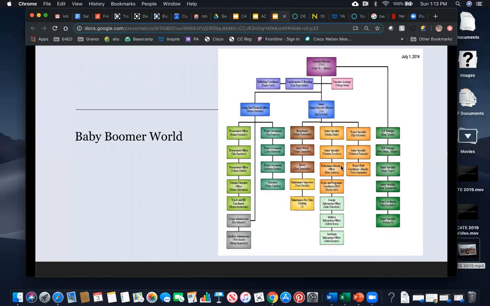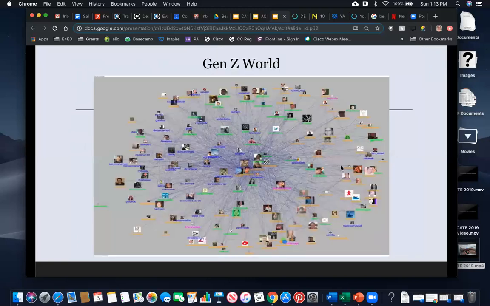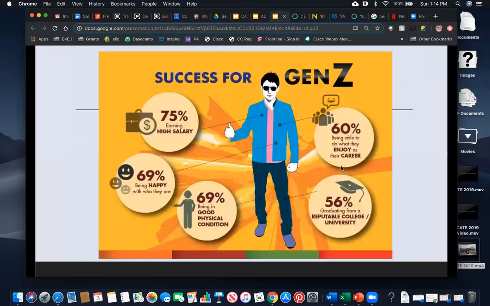And everything is very neatly laid out. But that is not the world that Gen Z has grown up in. This is the Gen Z world, where everything is interconnected in a myriad of different ways. And there aren't necessarily logical progressions to anything. So that's something we need to keep in mind about the students that we're working with.